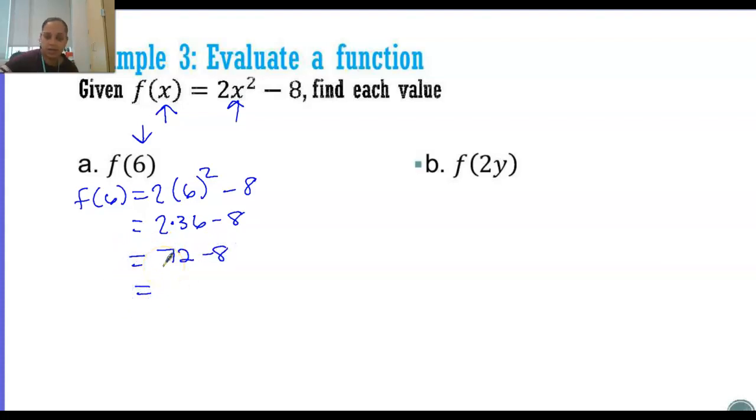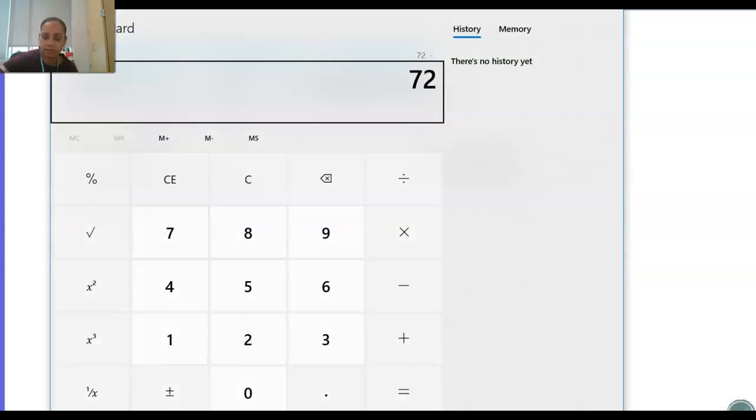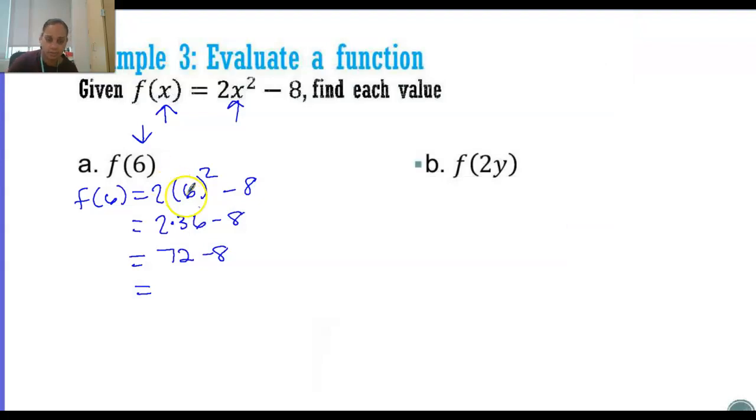And 72 minus 8 is 64. So f of 6 equals 64. So what this would mean is at point 6, when my x value is 6, my y value would be 64. So if you wanted to write it as a coordinate, it would be like this.